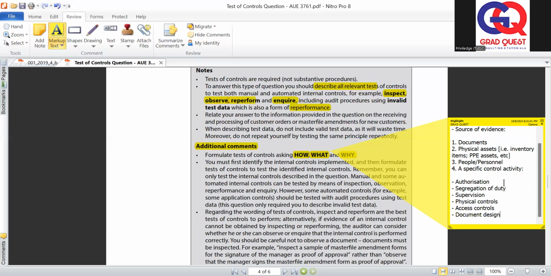That's how I can confirm there is authorization. Another way, if it's not a signature, in the computerized environment, how will I know that authorization has been obtained before processing further? That is, if there's a certain prerequisite condition that should be met before the system processes further, it confirms to me that there is authorization.